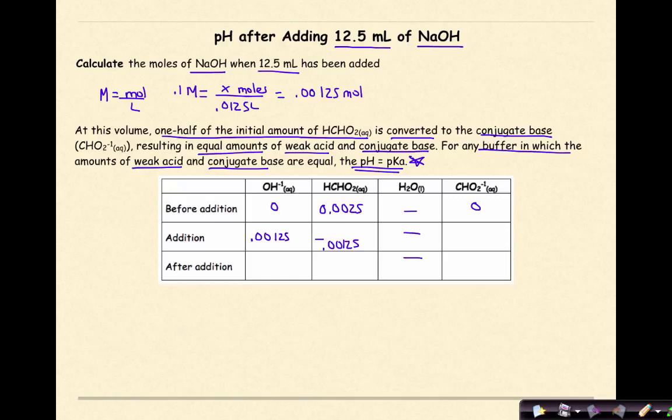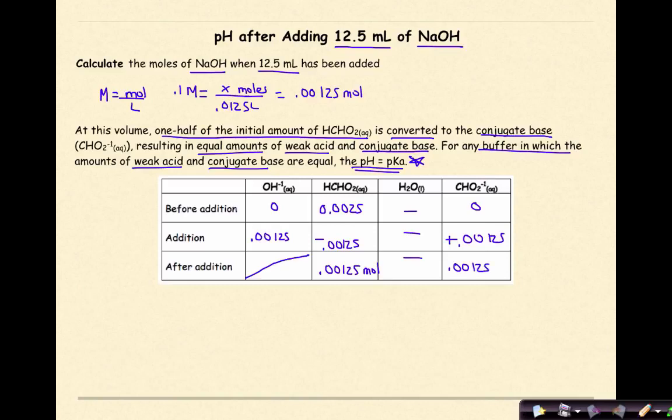So as a result, we will have 0.00125 moles of acid remaining. But as we neutralize this strong base, of course, we're going to produce conjugate base. So we have an addition of 0.00125. And after the addition, we'll have 0.00125 moles of our conjugate base left over.